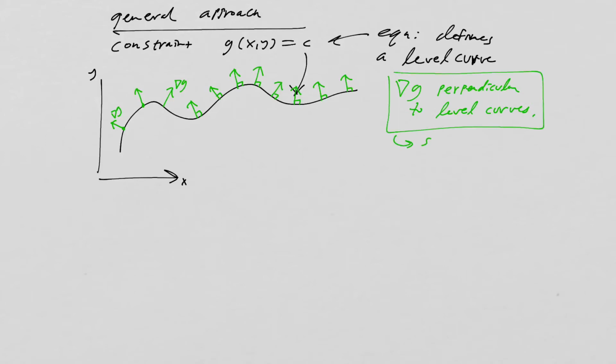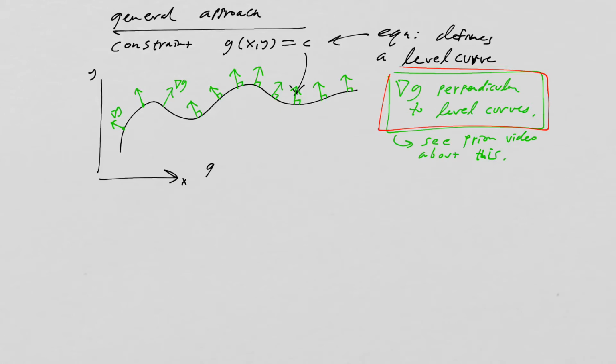And you can, of course, see a prior video about this, and you can actually understand why that will always be true. Okay, so we know this fact. That's a really important fact that we have here, that the gradient of g is always going to be perpendicular to the level curves.